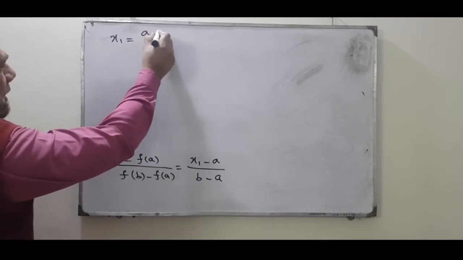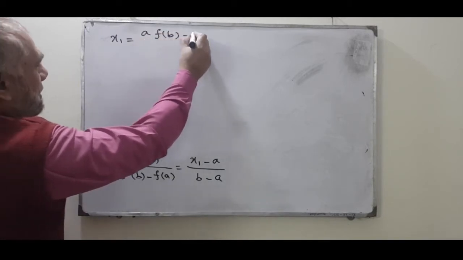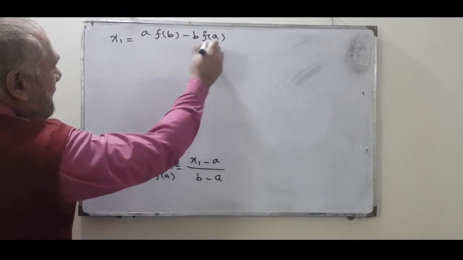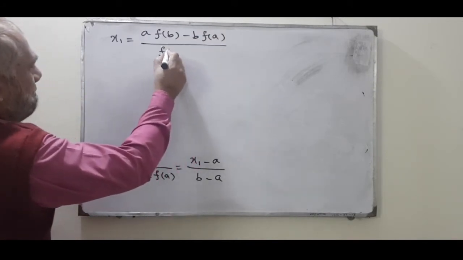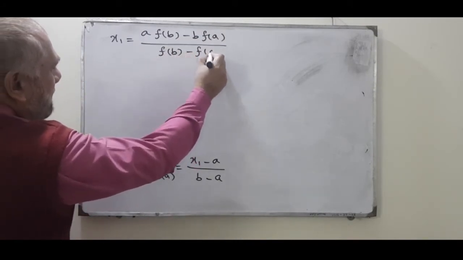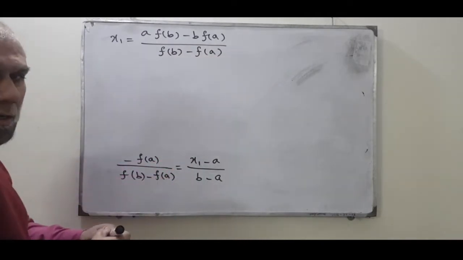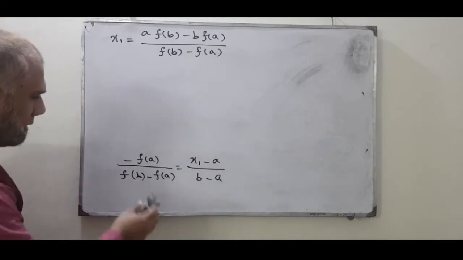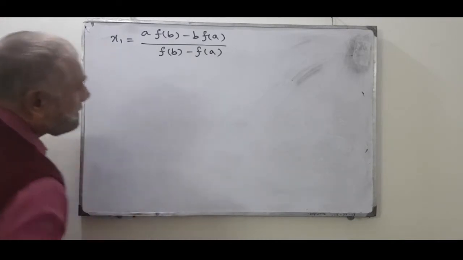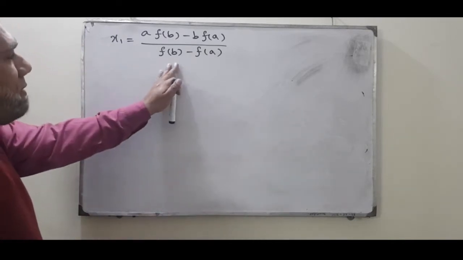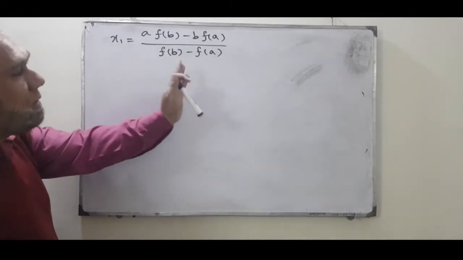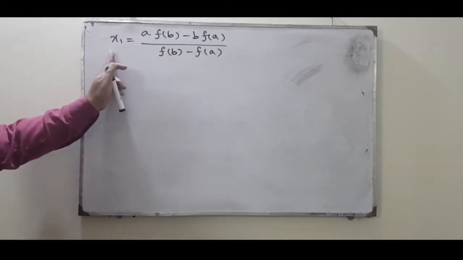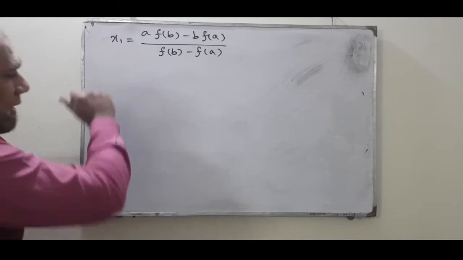We will get x1 equals a times f of b minus b times f of a, over f of b minus f of a. After small manipulation, you will get this result, and it is not very complicated. This becomes the formula that will give you the first approximation for the root of the given function in the form of x1.